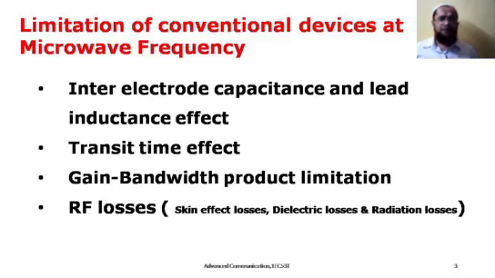That's why, if you take these two parameters, gain and bandwidth, since we have limited bandwidth, the product of the gain bandwidth parameter is going to be reduced. We expect this parameter to have a high value. The gain bandwidth parameter must be high, and in this case it's reduced.